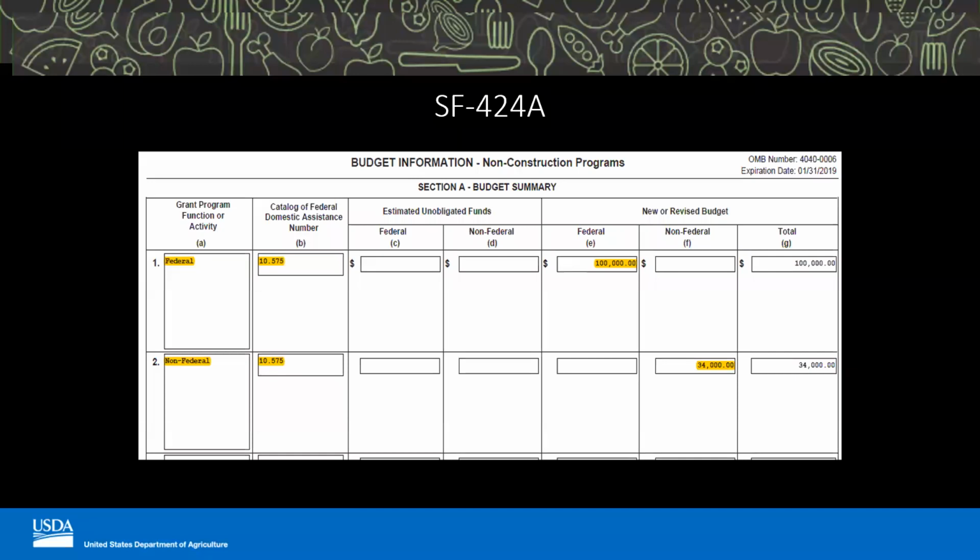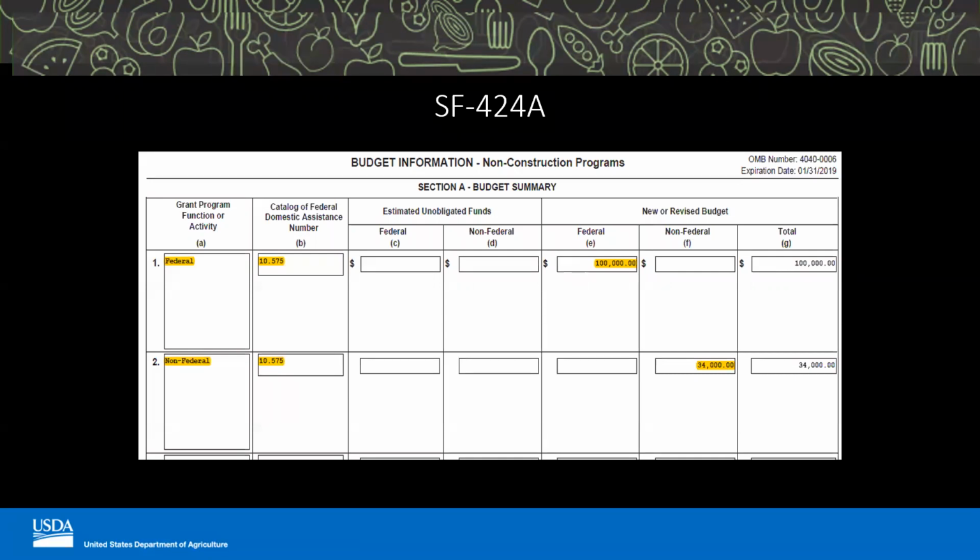Applicants must provide a completed SF 424A form, which breaks out the proposed budget into specific categories. The first page of this form provides the total budget for your proposed project. The federal amount requested is noted on line 1 under column E under the new or revised section.